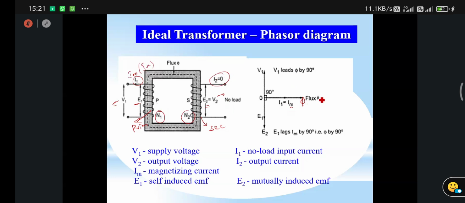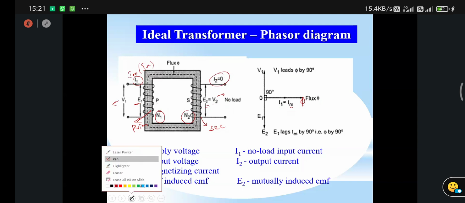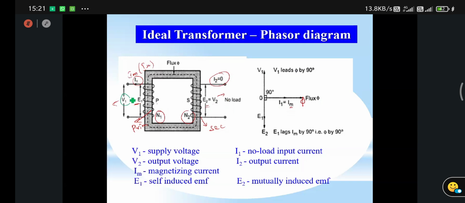So the flux, and you can observe here the V1 will be there. When you give the supply voltage to the primary, this voltage causes a current, what type of current? This Im, which produces the flux phi. So this voltage you are applying means the current will start flowing as Im.